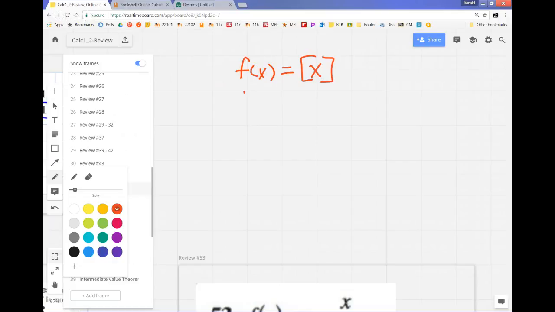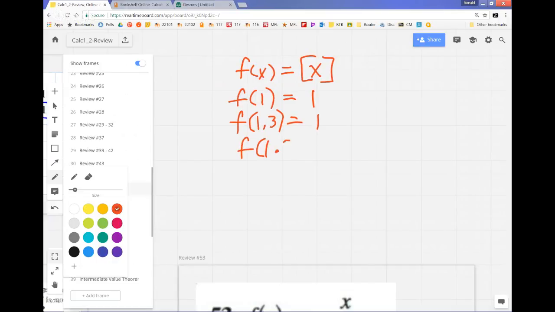So if I ask you to find f of 1, what is the greatest integer less than or equal to 1? The answer is 1. Okay, what's f of 1.3? What's the greatest integer you can think of that's less than or equal to 1.3? Answer, 1.